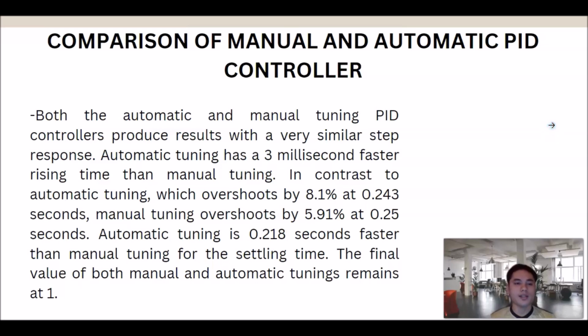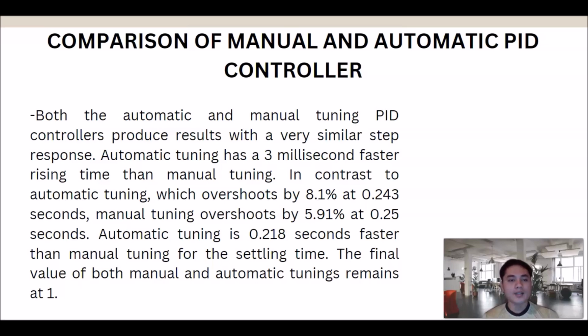So what we can see is both the automatic and manual tuning PID controllers produce results with a very similar step response. Automatic tuning has a 3 millisecond faster rising time than manual tuning.